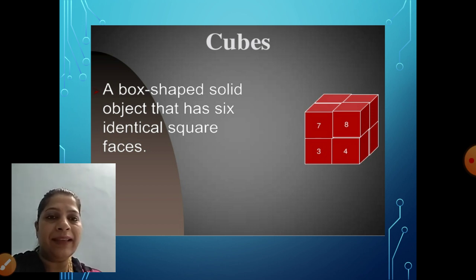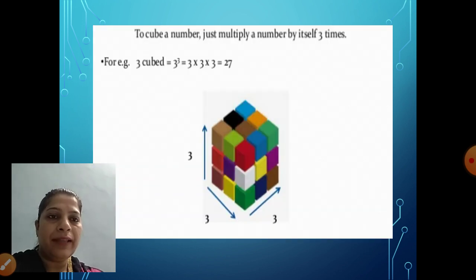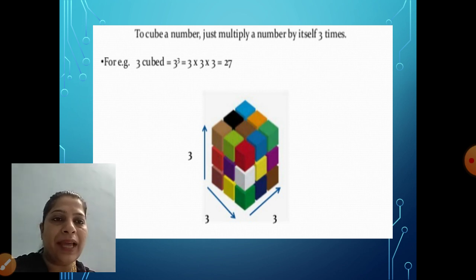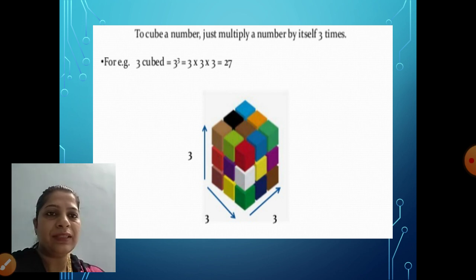So when the length, breadth and height of the object are the same, like this, you can see in the next slide that there are arrows: length is 3, breadth is 3, as well as the height is 3. And when we multiply 3 multiplied by 3 multiplied by 3, we get 27, and it is called the cube.